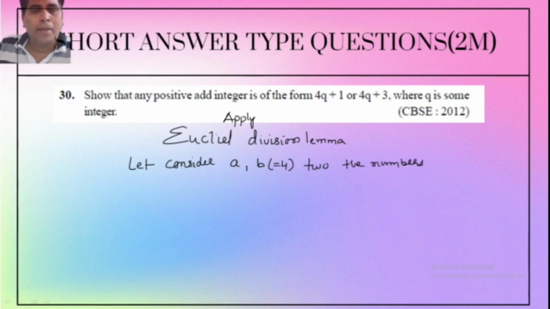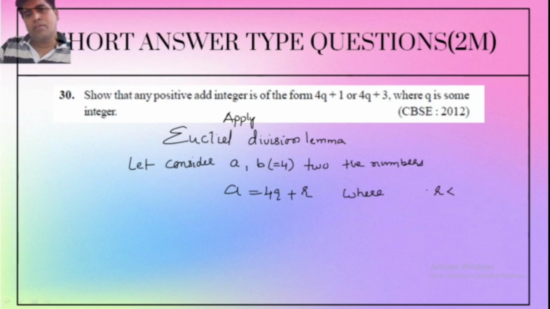So if I apply the Euclid division lemma for this A and B, A is equal to, I can write it as 4q plus R, where R we have to take the values where R is strictly less than 4, it starts from 0.